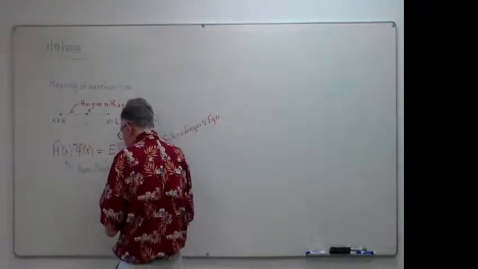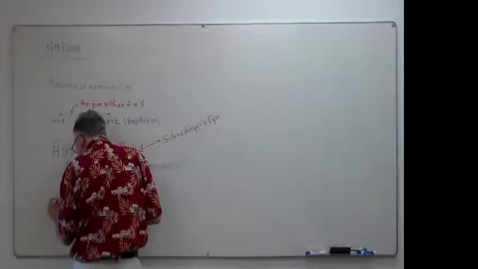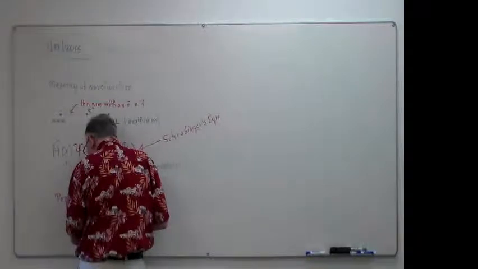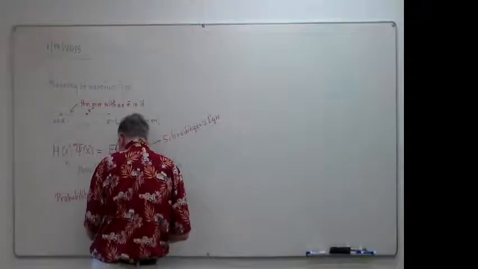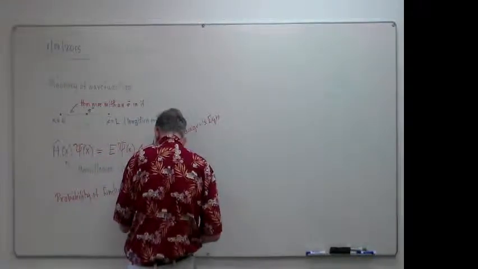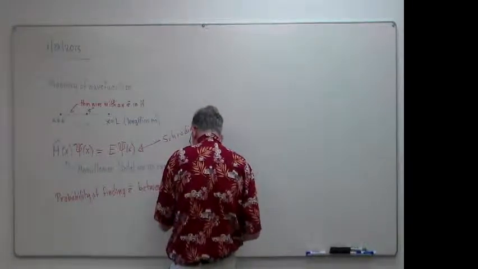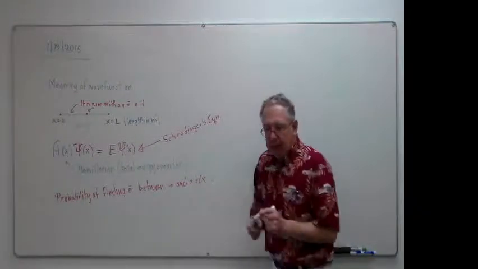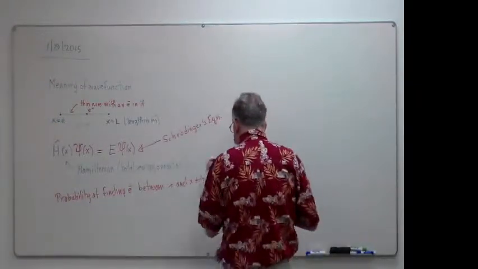And we know already that the probability of finding this electron between x and x plus dx, that probability has a very definite expression that goes like this.